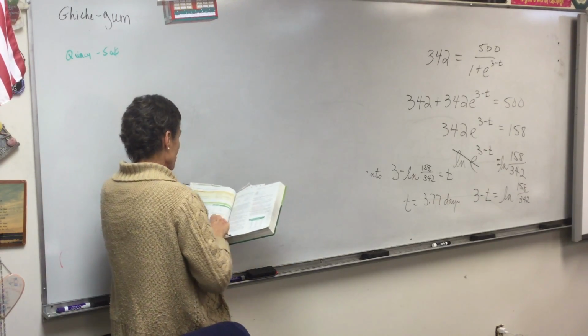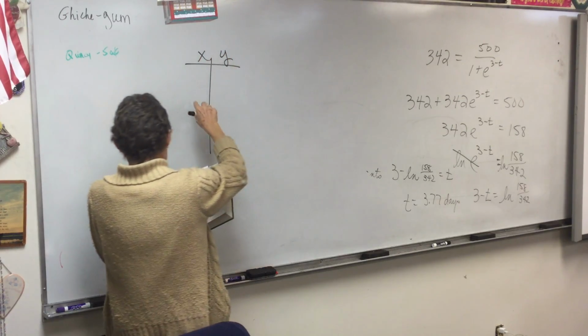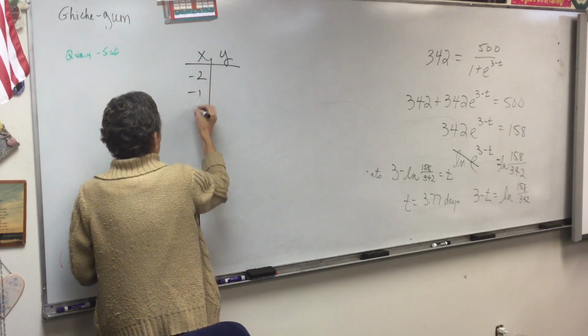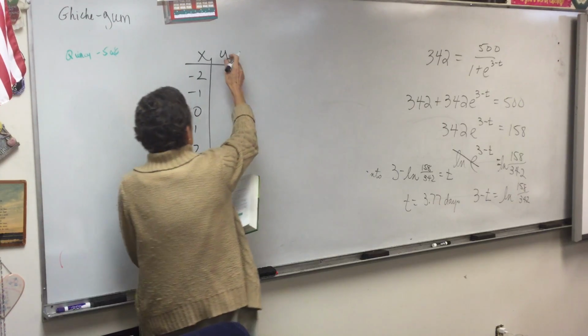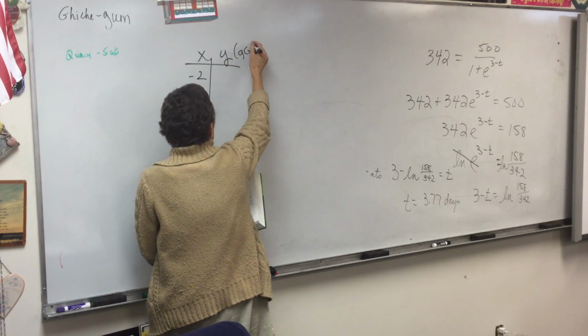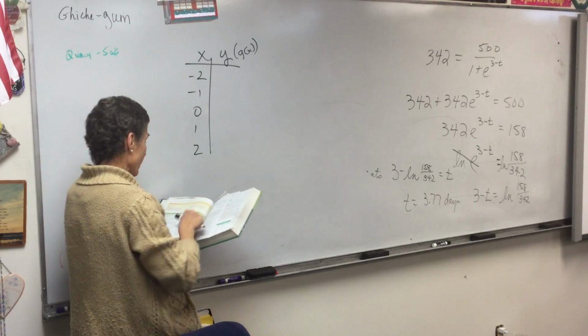You're using the table of values where the x's are -2, -1, 0, 1, 2. They're right there in the book. And then we're doing the g of x column, because problem number 20 says use the g column.